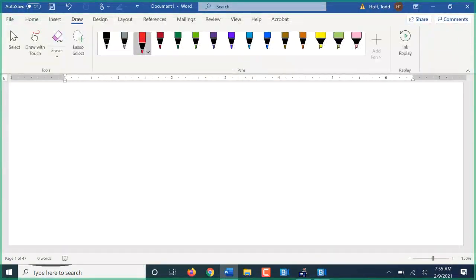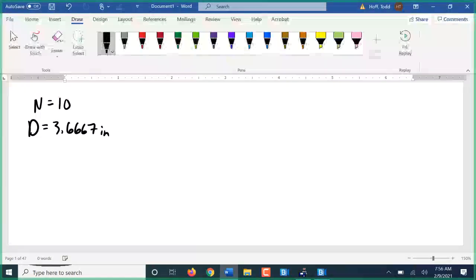For example, if we are given the number of teeth, 10, and the pitch diameter is 3.6667 inches, and we are asked to find the hole depth.